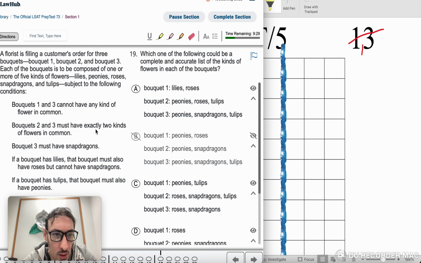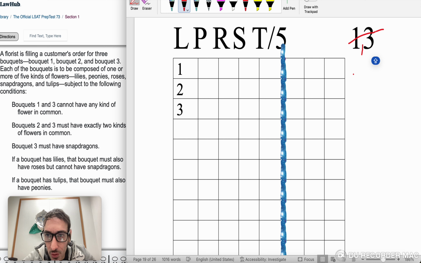Next condition. Bouquet 2 and 3 must have exactly 2 kinds of flower in common. So for information in that manner, I'm going to put 2 and 3. And they have to have 2 kinds in common.